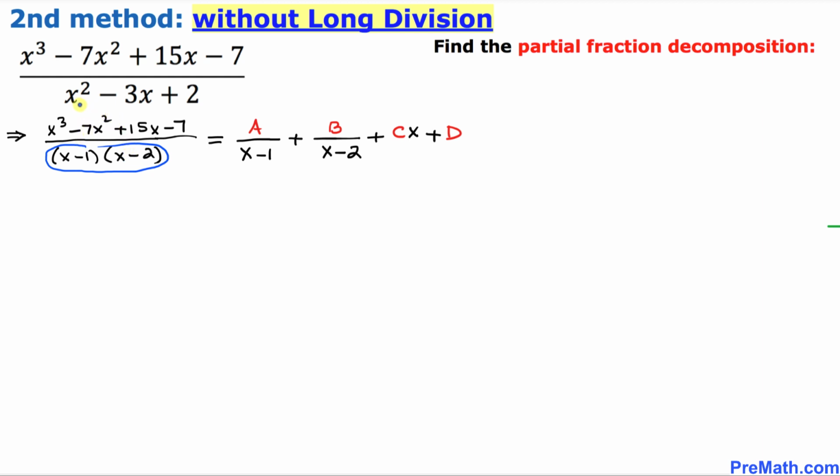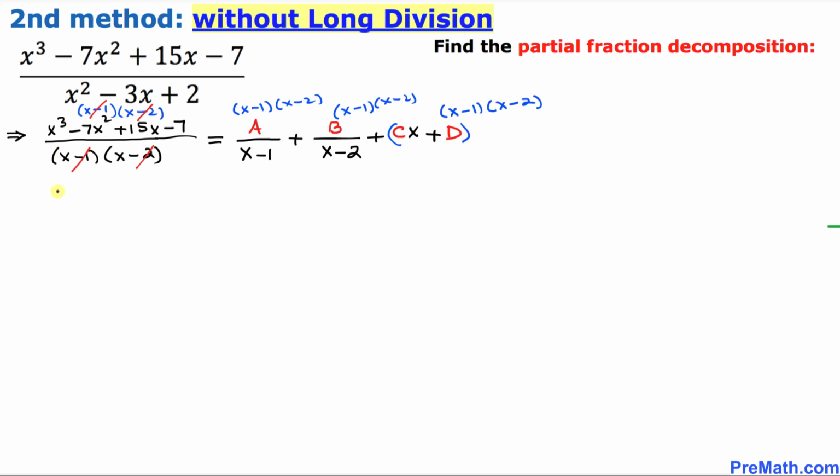I am going to multiply across the board this stuff, x minus 1 times x minus 2, and over here x minus 1 times x minus 2 across the board, and here x minus 1 times x minus 2, and here I am going to multiply this one with x minus 1 times x minus 2. And here we can see that x minus 1 is gone with this x minus 1, and x minus 2 cancels out with this x minus 2.